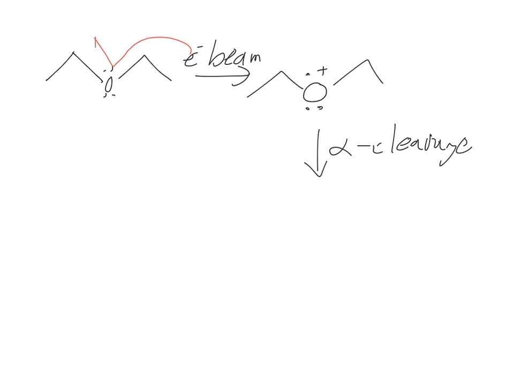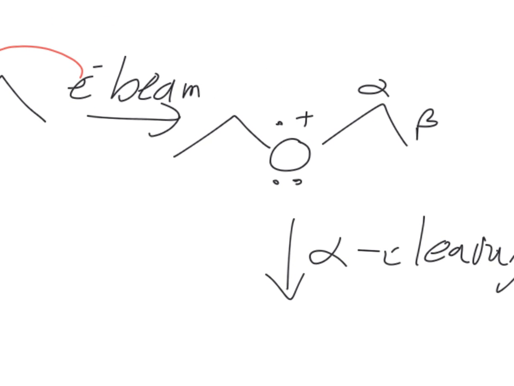It'd be the same either way. So if I label these alpha and beta, we're going to break the bond between the alpha and the beta carbon. Alpha cleavage. So let's draw those electrons in. We're going to break the bond between the alpha and the beta carbon.